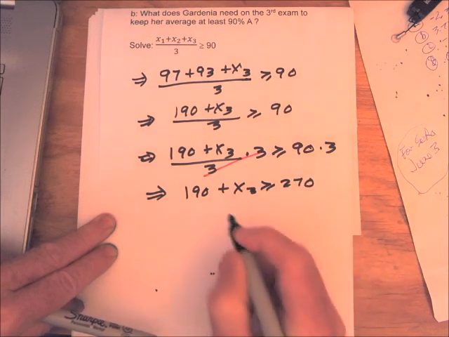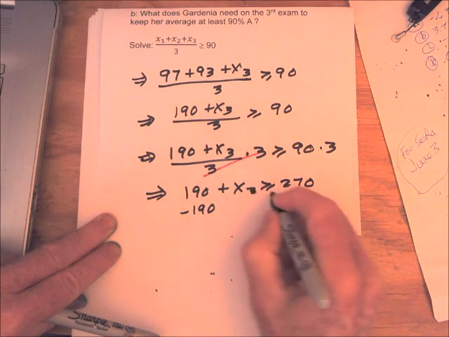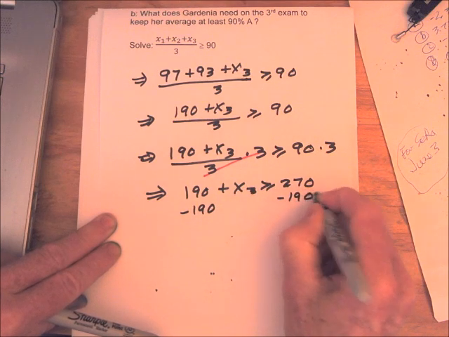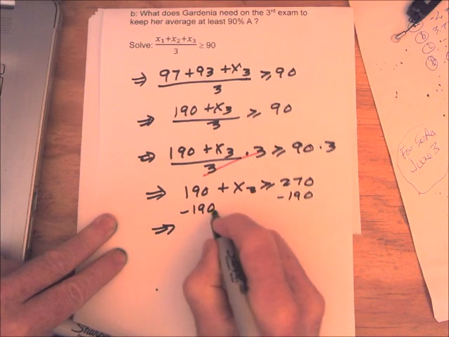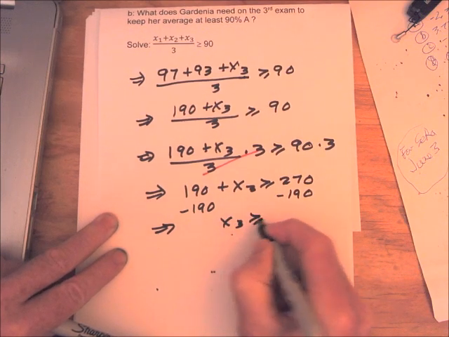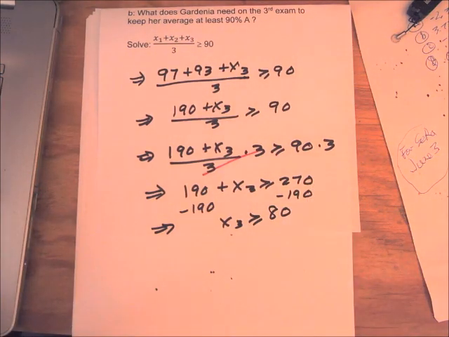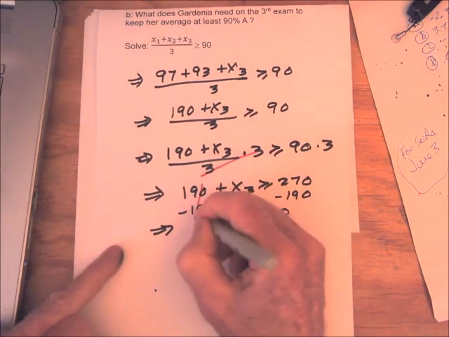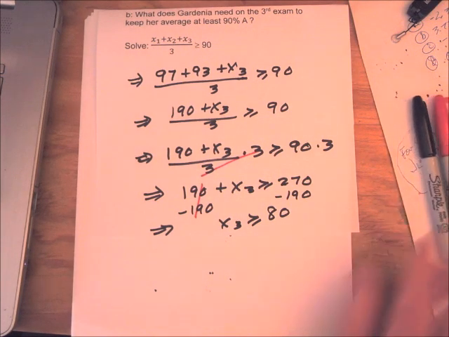We still want to isolate X3, so we subtract 190 from both sides of the greater than or equal symbol. On the left side, 190 minus 190 is 0, so we just have X3. 270 minus 190 is 80. So X3 is greater than or equal to 80: Gardenia needs at least an 80 on the third exam to maintain her average.